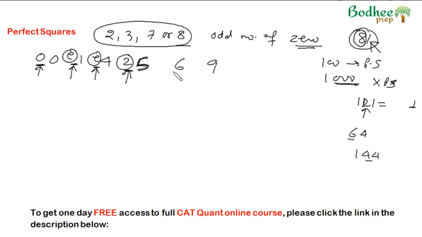Similarly, for 6, the 10th place digit has to be odd, right? For example, 36, 16, in both the cases you can see that the 10th place digit is an odd number. And for 9, the 10th place digit has to be an even number. Fine. So these are the things which you don't have to memorize. आप initial कुछ perfect square निकाल लो.